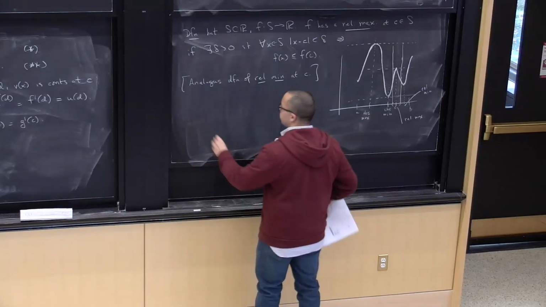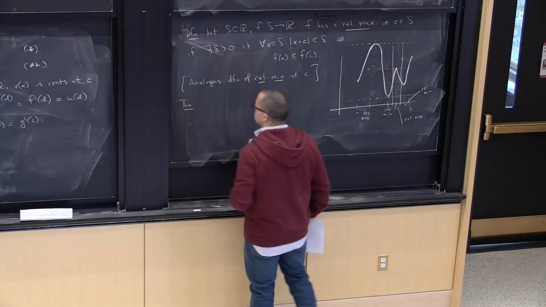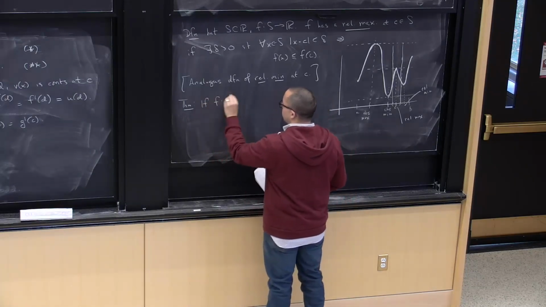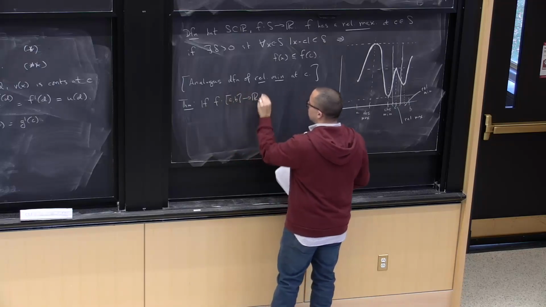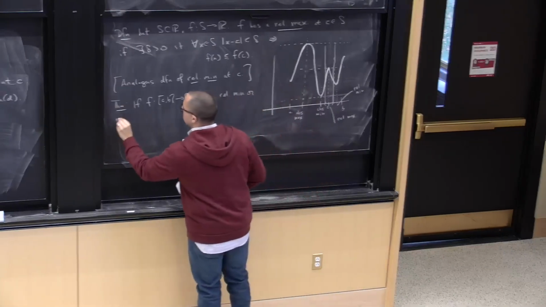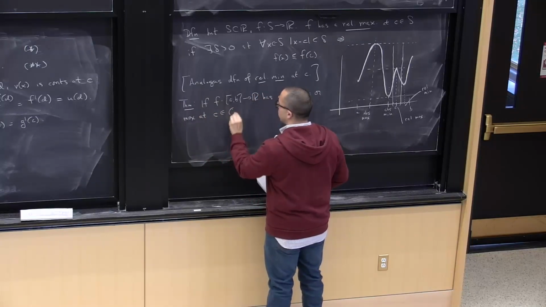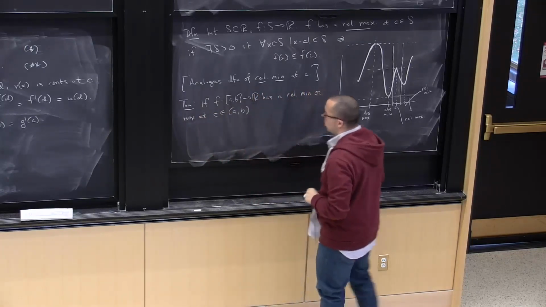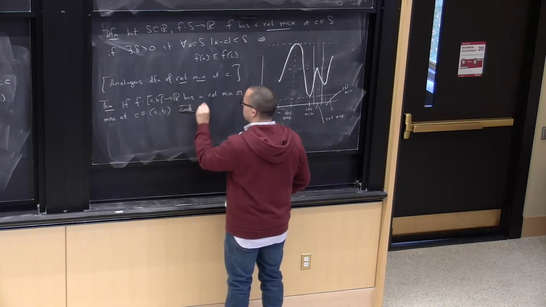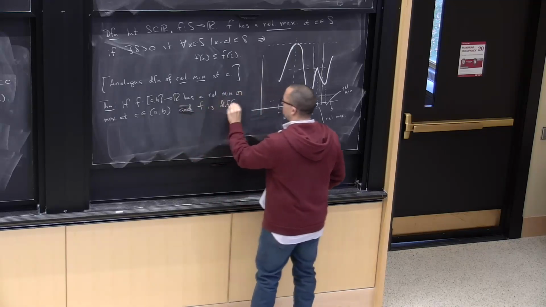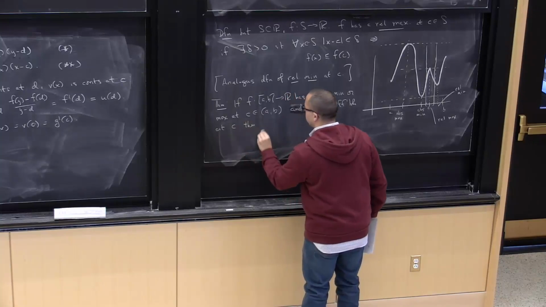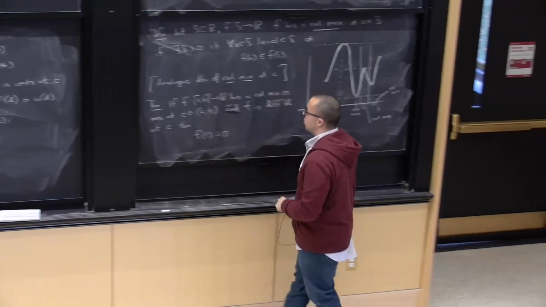Okay, so the theorem is the following. If f from [a,b] to R has a relative min or max at a point c strictly inside this closed interval, in the open interval (a,b), and f is differentiable at c, then f prime of c equals 0, right?